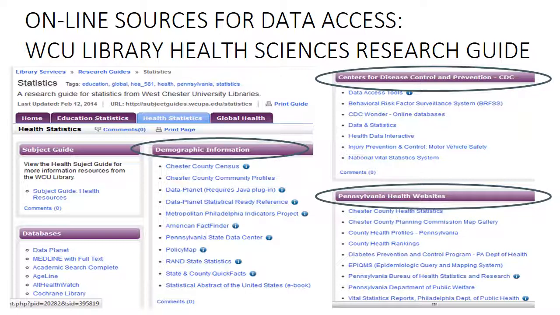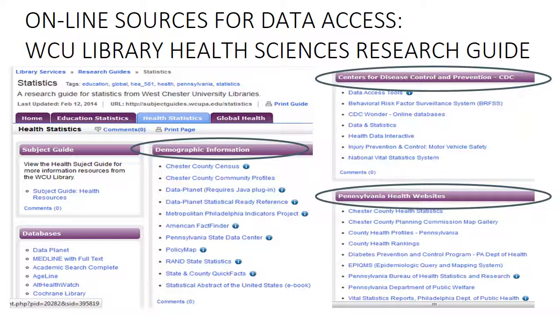You can also look at overall Pennsylvania state data. Policy Map is a really cool mapping system if you need to create a map for any reason. RAND State Statistics is super informative, and State and County Health Quick Facts I used a lot during my undergrad time and graduate time as well.